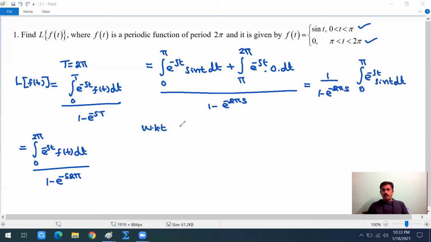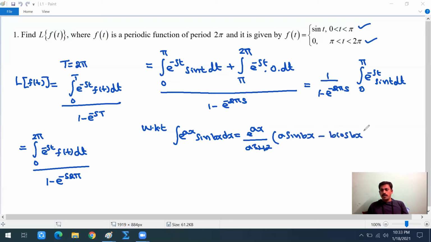So we know that integral e power ax into sin bx dx equal to e power ax divided by a square plus b square, into a sin bx minus b cos bx.